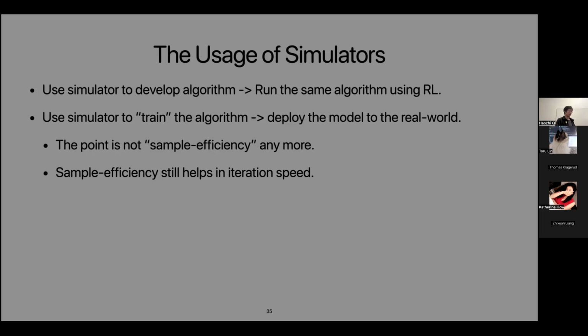Because, as we will see in a little bit later slides, the current simulators run very fast and you do not need to worry about your algorithms needing hundreds of millions of samples to get a stable state. Sample efficiency still helps with the iteration speed between developing algorithms, trying to deploy, and getting a new model.